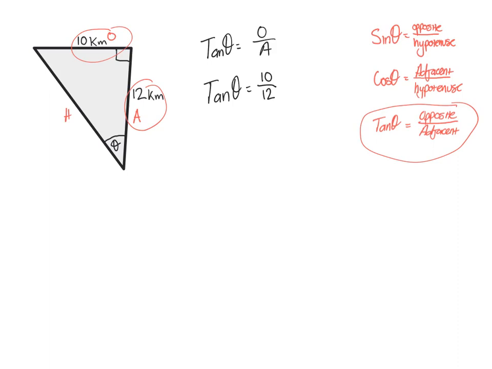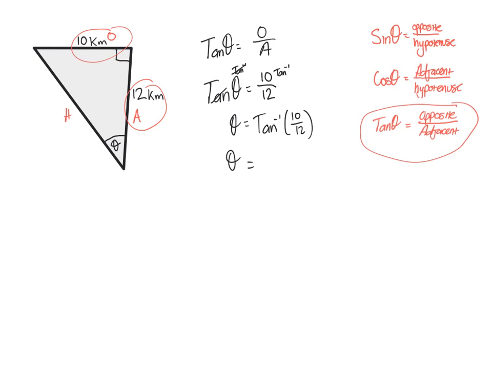We're trying to solve for theta, so let's do the opposite of the tan function, which is inverse tan, to both sides. So that means that these two cancel out. That means that on this side we have inverse tan of 10 over 12. So at this point we would get our calculator out, type in inverse tan of 10 over 12, and we'll see what we get.